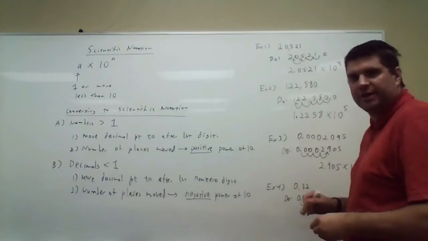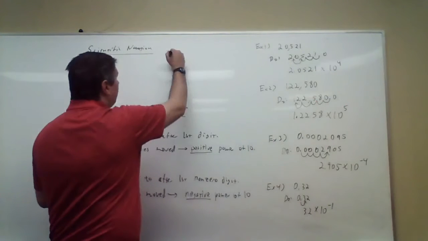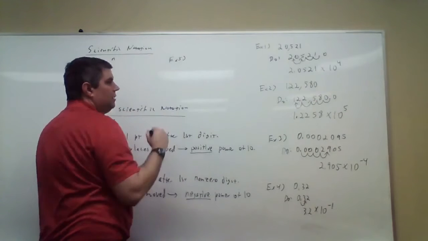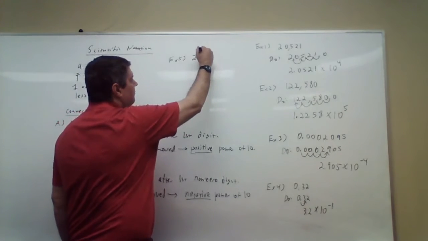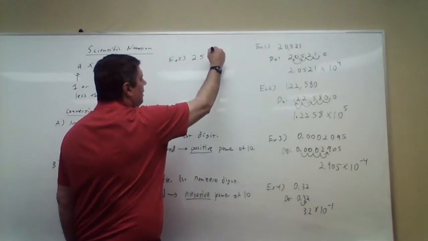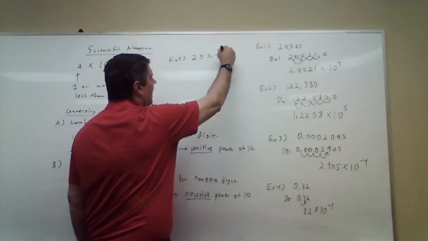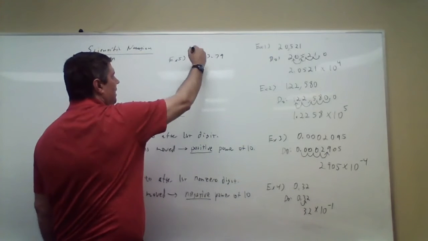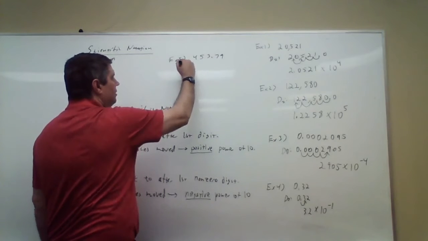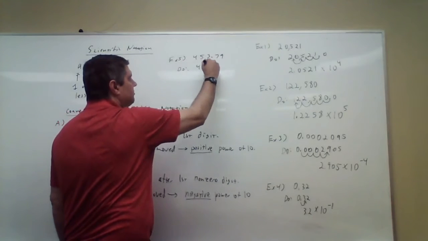Let me do another example right here. Example 5. Okay? Let's say I have 453.79. Well, it's already a decimal.